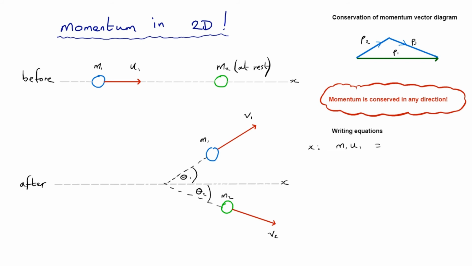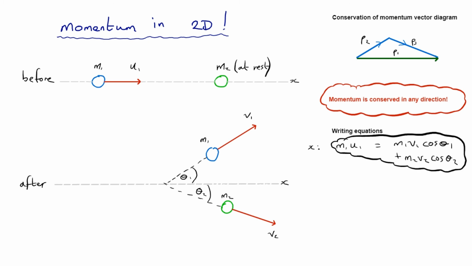We need the x component of this momentum and the x component of this momentum. So you might want to pause and see if you could write it down. What you should have is m1 v1 cosine theta 1 plus m2 v2 cosine theta 2. And in that way, we've written one equation that represents conservation of momentum in the x direction.